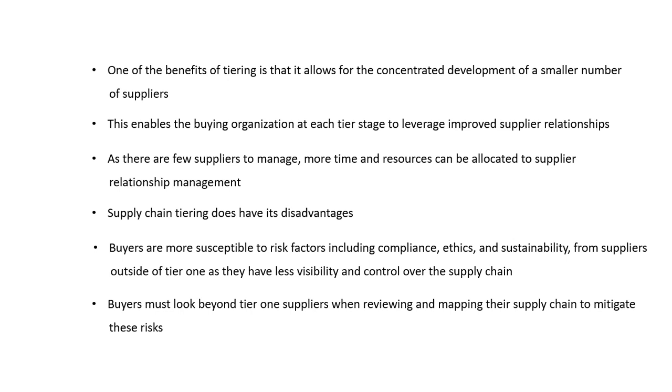Supply chain tiering does have its disadvantages. Buyers are more susceptible to risk factors including compliance, ethics, and sustainability from suppliers outside of Tier 1, as they have less visibility and control over the supply chain. Buyers must look beyond Tier 1 suppliers when reviewing and mapping their supply chain to mitigate these risks.